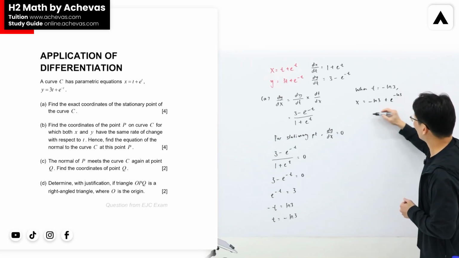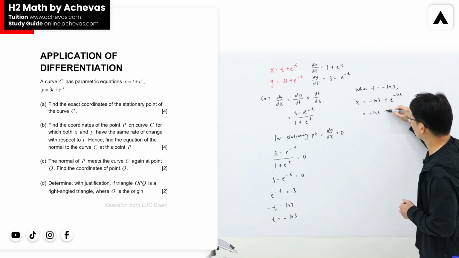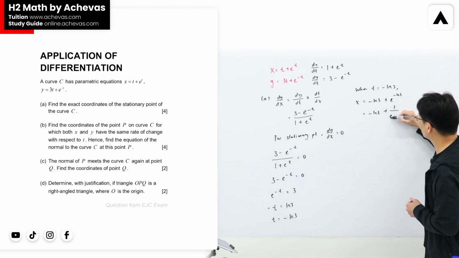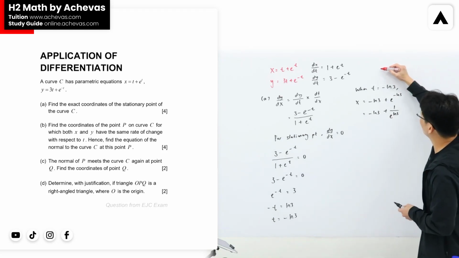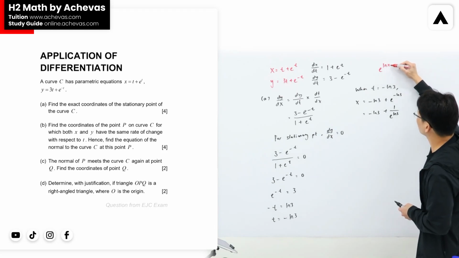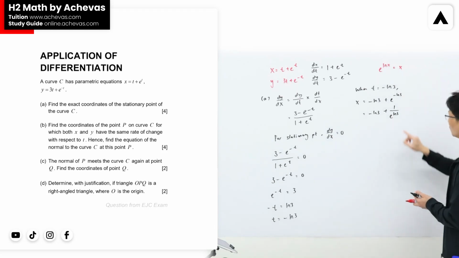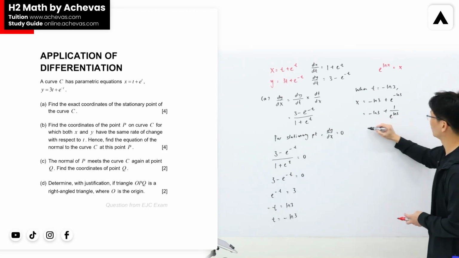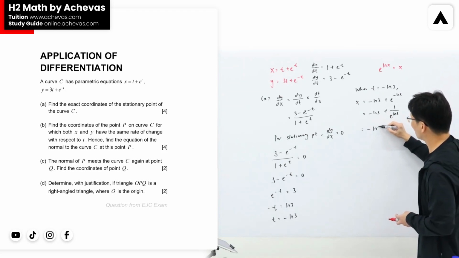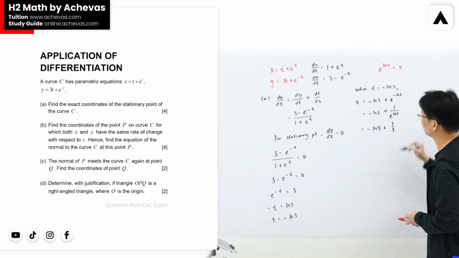I can rewrite this as plus 1 over e to the power of ln 3. We know that e to the power of ln x is the same as x, so here I can just rewrite it as 3. So this will be minus ln 3 plus 1 over 3.